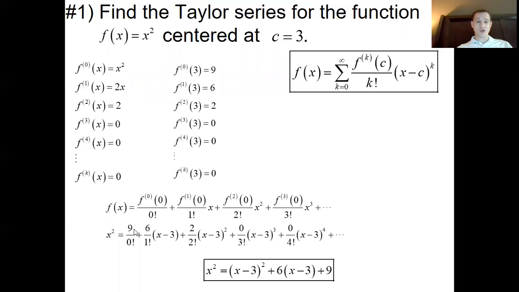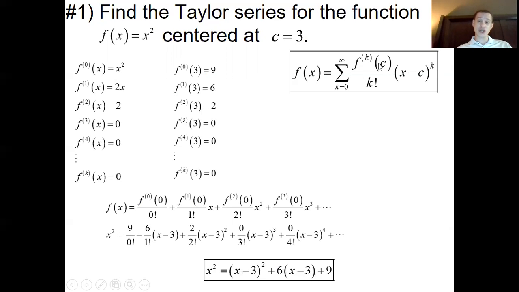The function, which is x squared, is the 0th derivative, which is 9, divided by 0 factorial times (x minus 3) to the 0, or 1, so just that term, plus the first derivative at the center, which is 6 over 1 factorial times (x minus 3) to the first, plus the second derivative at my point, which is 2 over 2 factorial times (x minus 3) squared. And since the subsequent derivatives after that are all zeros, they don't matter. Cleaning things up a little bit without the factorial, that means that x squared can be rewritten around 3 as (x minus 3) squared plus 6 times (x minus 3) plus 9.